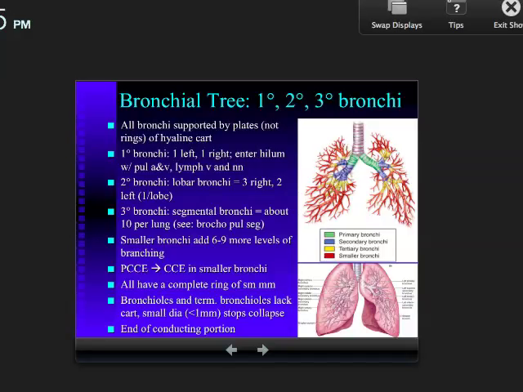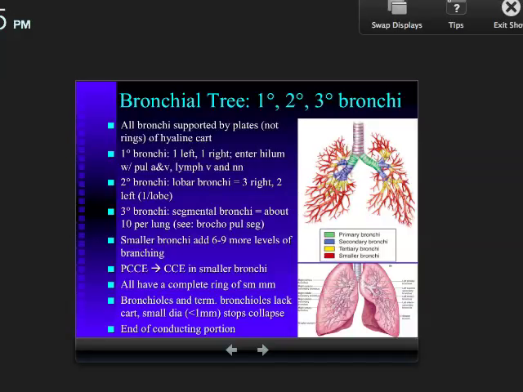But here these are plates, and so when we think about the structure of bronchi, there's always cartilage, and there's always pseudostratified ciliated columnar epithelium lining that, unless you're a smoker. In the case of a smoker, eventually that epithelium gets replaced by a stratified squamous epithelium, a little tougher, but it doesn't do the movement.